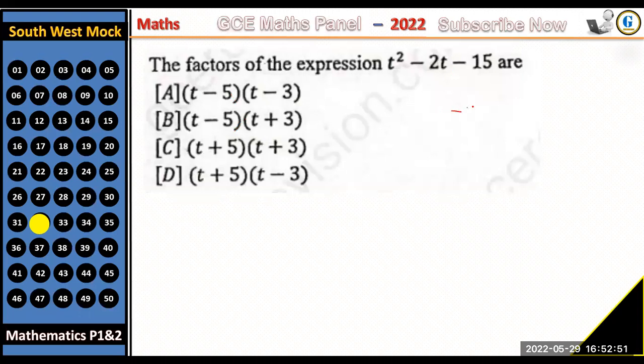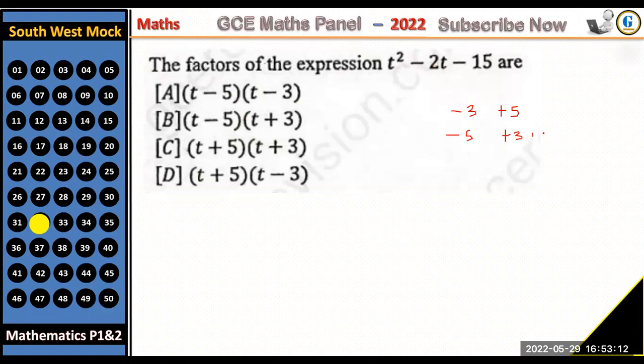They are minus 3 and plus 5, and we equally have minus 5 and plus 3. If we multiply these, we get minus 15. This is our AC. Which of these are we going to add to have minus 2, which is B?